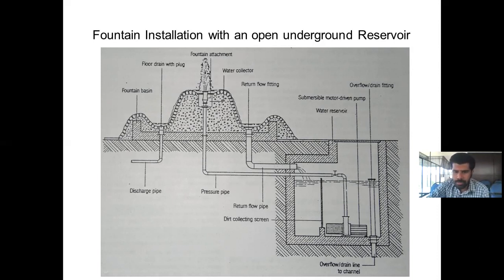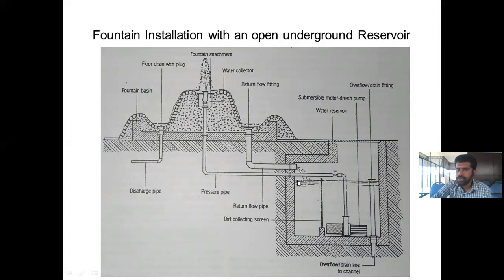Now the return water will be flowing through this pipe and reaching this chamber, and there will be a dirt collecting screen here, because sometimes through this pipe some birds or some mud also can flow. When it comes here, it may interrupt the pump.